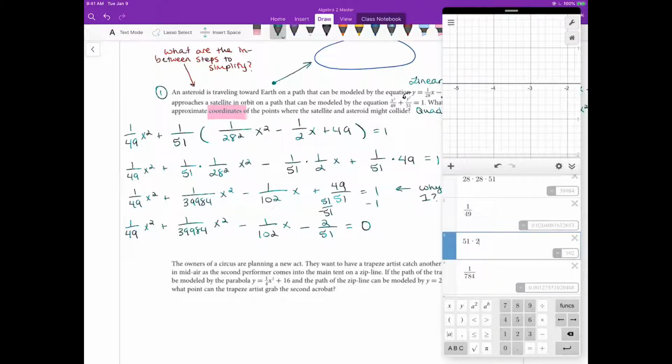What are my like terms? They would be our variables with the same coefficients.